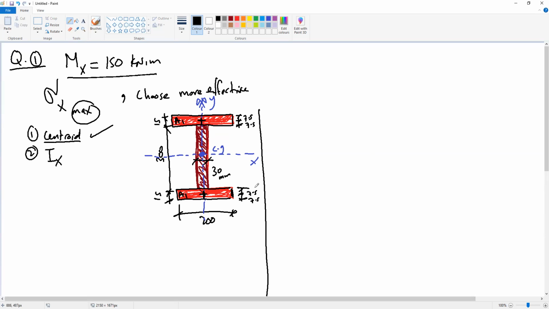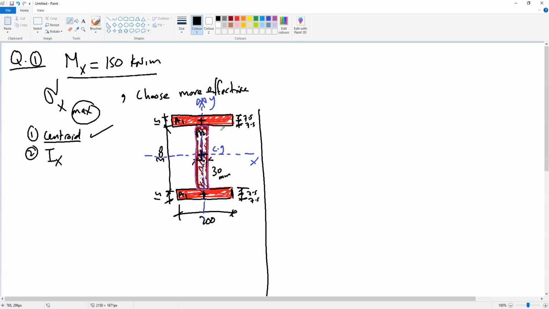And we have A2, which is the web. Where is the centroid of the web? In the middle here. So the centroid of the web coincides with the centroid of the whole section.